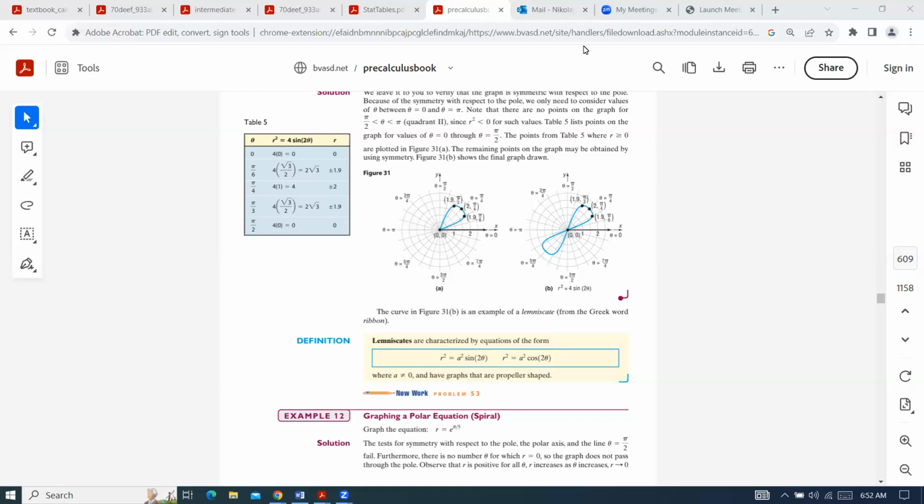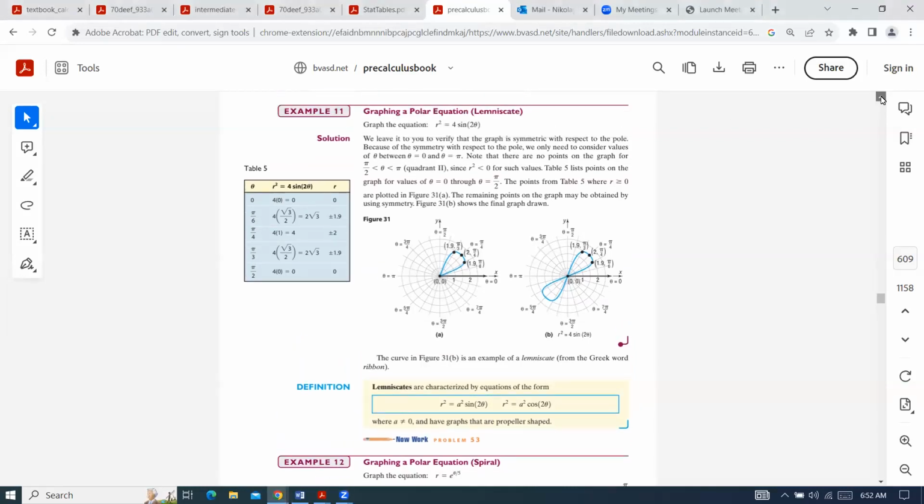So we already graphed some of these so-called petal-containing functions, and that's the analog of a graph of a so-called lemniscate.